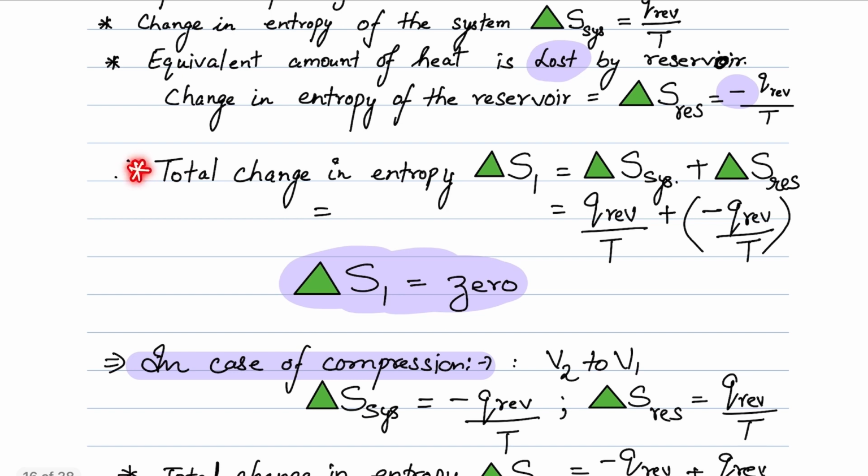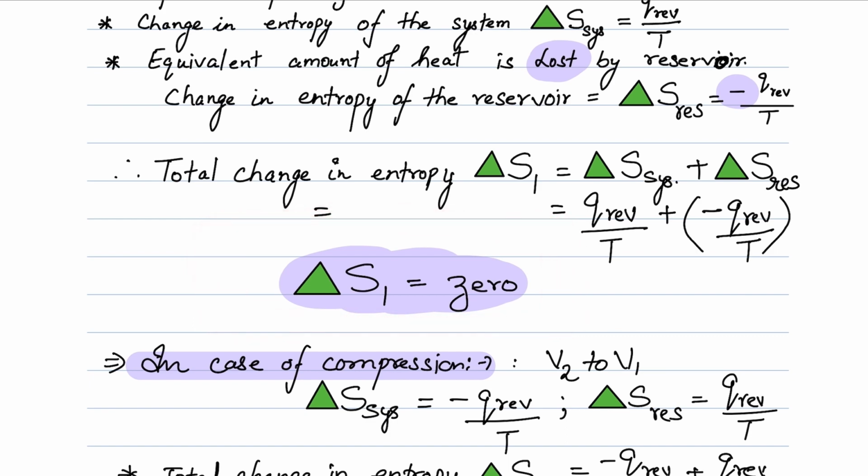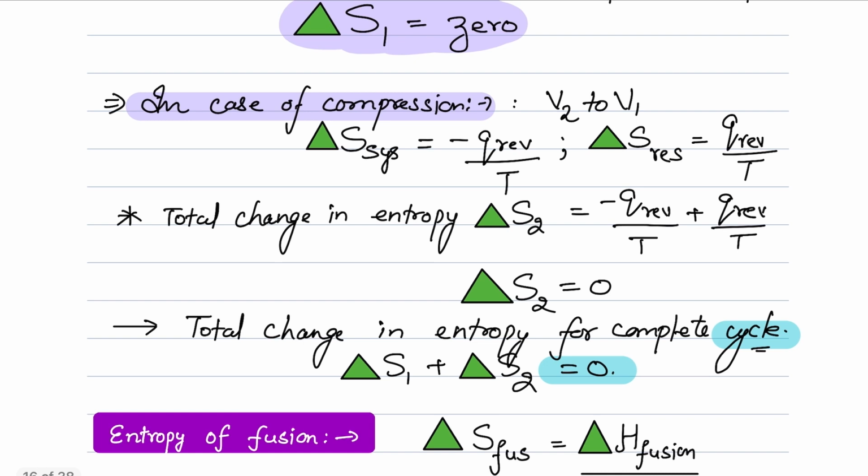So the total change in the entropy, delta S1 of system plus surrounding, comes out to be equal to 0. So in this cycle, delta S1 in the case of expansion comes out to be equal to 0. Now let's consider the case of compression from V2 to V1.